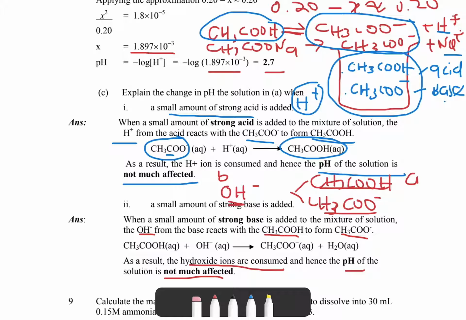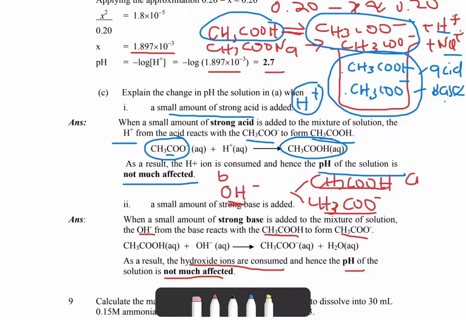Calculate the mass of ammonium chloride needed to dissolve into 30 ml of 0.15 ammonia solutions to form a buffer. So kalau kita tengok ini adalah basic buffer solutions because dia contain, ini dia punya salt, ini dia punya base.